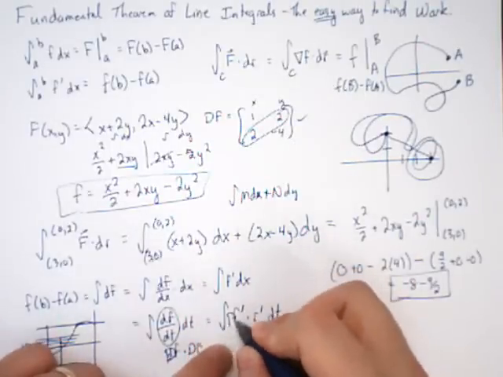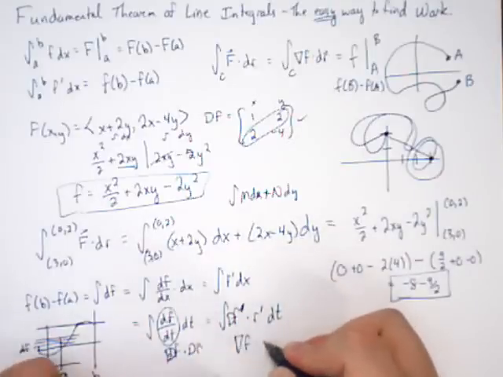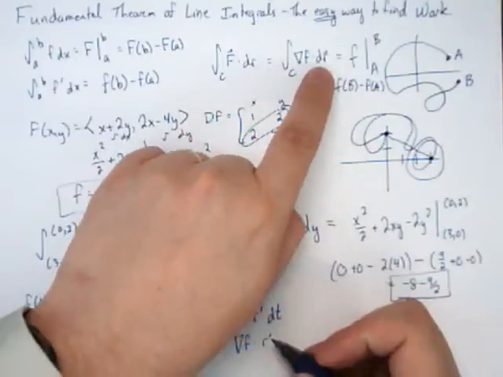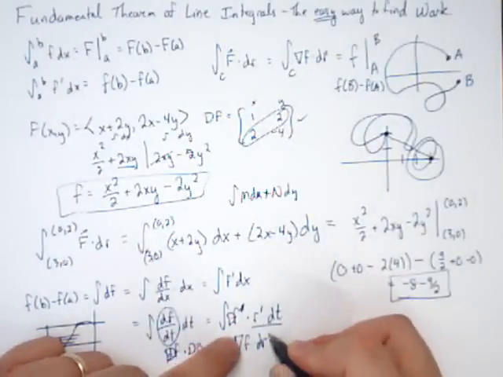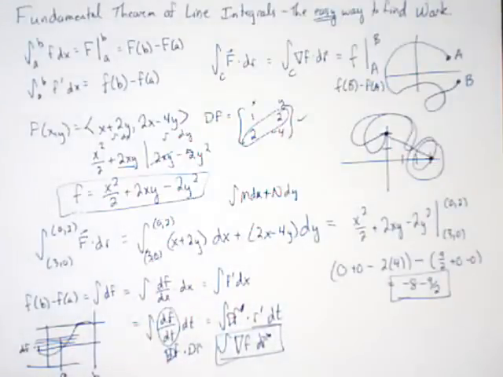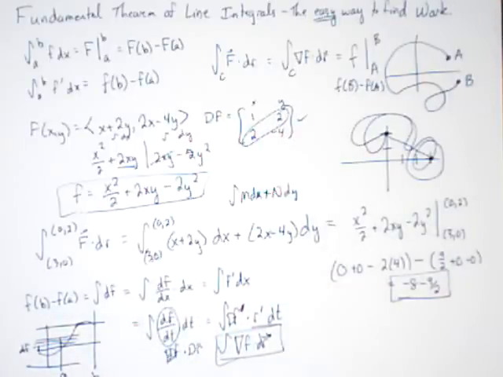The derivative of f is our gradient, and r prime dt is really our dr with a vector above it. And that's essentially the reason it works. It's the same theorem, we're just changing the x to a t and using the chain rule to get that product. That completes this week.